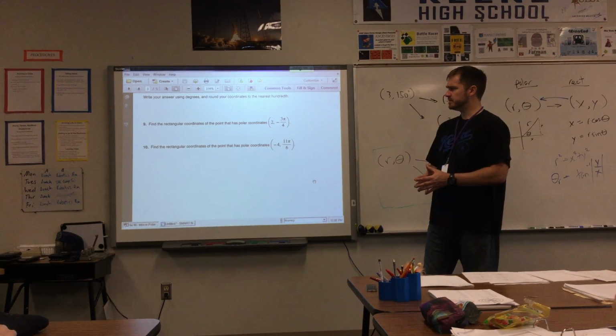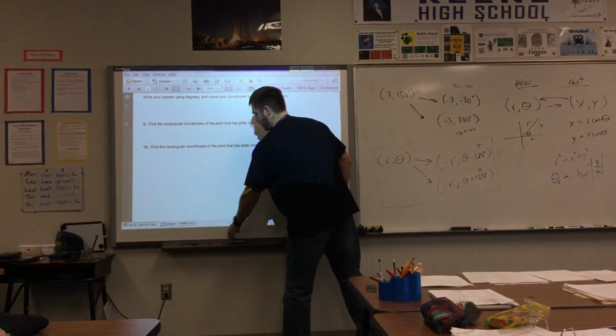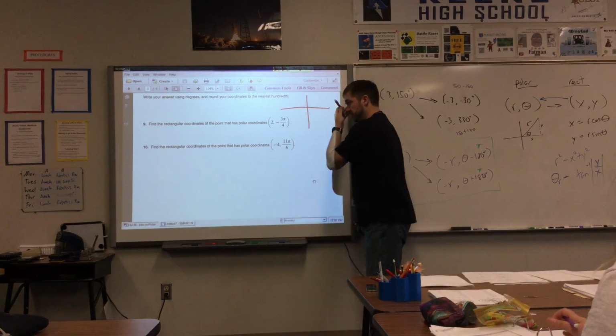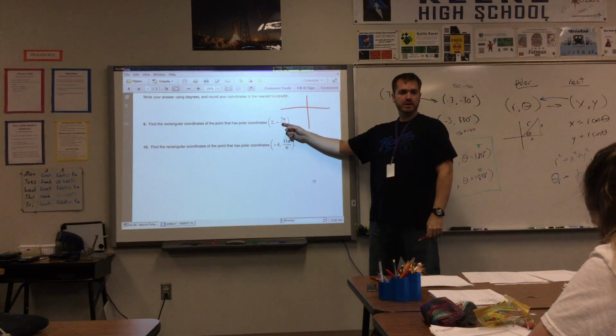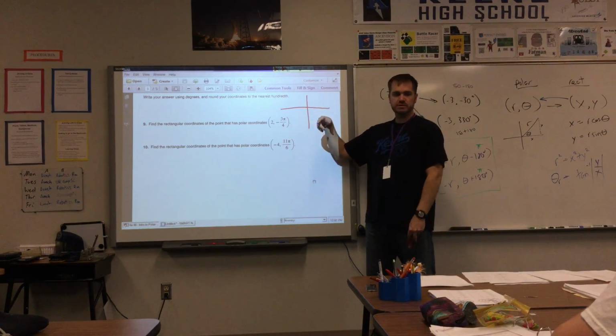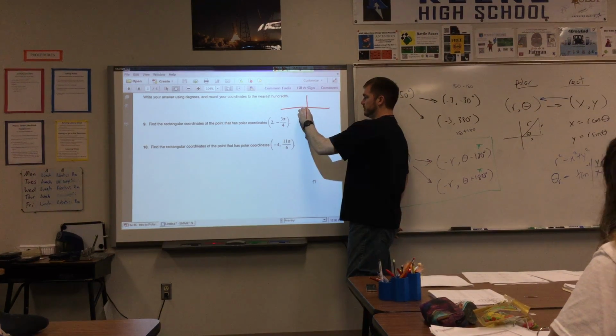Find the rectangular coordinates. Maybe we should draw a picture here so we know which quadrant we're in. Where is negative 3 pi over 4? Well, I gotta look at my unit circle. She says third quadrant for negative 3 pi over 4.